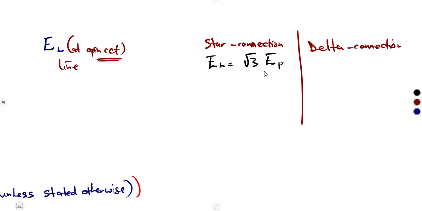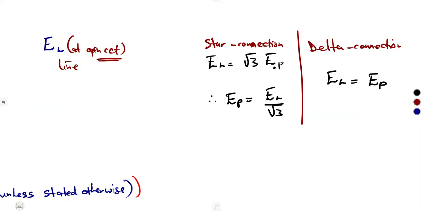So in our calculation, as we are dealing with the phase value, the phase terminal voltage is going to be the line value over the square root of 3. We just have to divide by the square root of 3. In delta, they are exactly the same in terms of the EMF. We are focusing on the EMF. So this is another part that you need to know, the connection that you're working with.